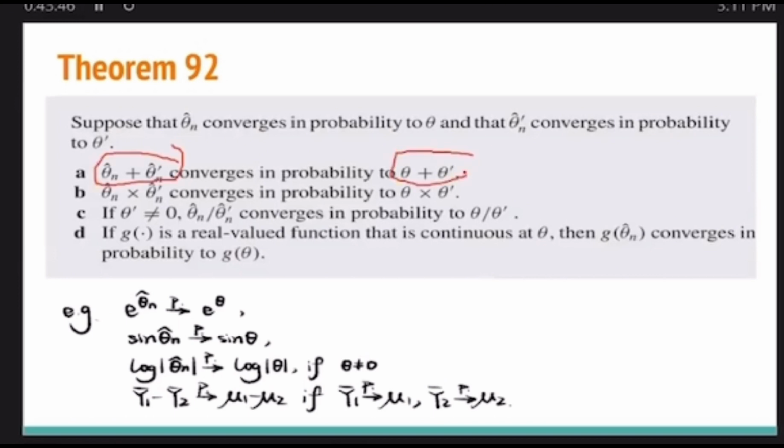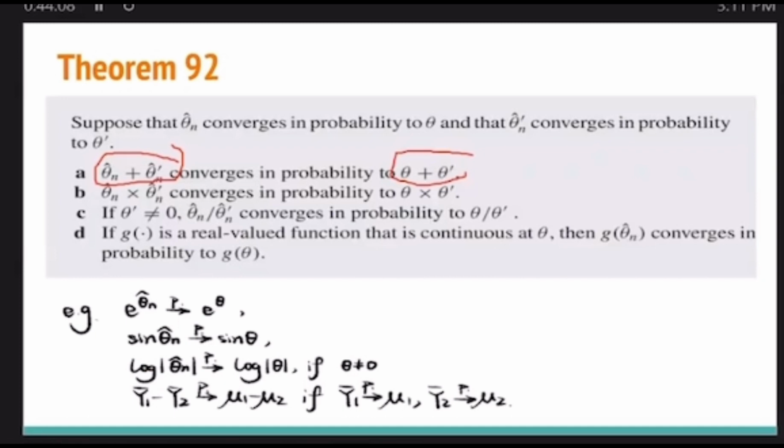That's what we're saying. That works for addition, for multiplication, and for division as well. If we're talking about algebra now, and you have two estimators, you add them, multiply them, divide them. That's exactly what we're trying to say.